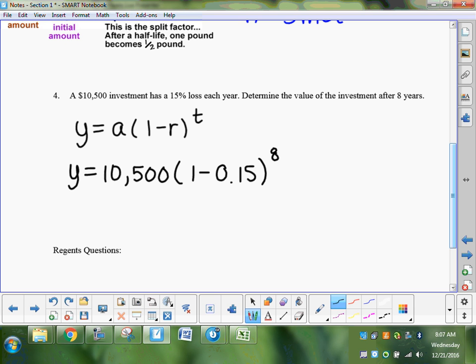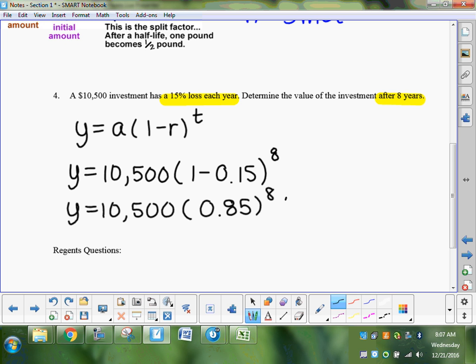Notice our units need to match up, and that's something that on a test you might get wrong. Those units always need to match up. So if it's lost per year, then make sure your units are per year, the time that you're working with. This, by the way, is the same as y equal to that initial amount, 10,500, times 0.85, because you're keeping 85% of it.